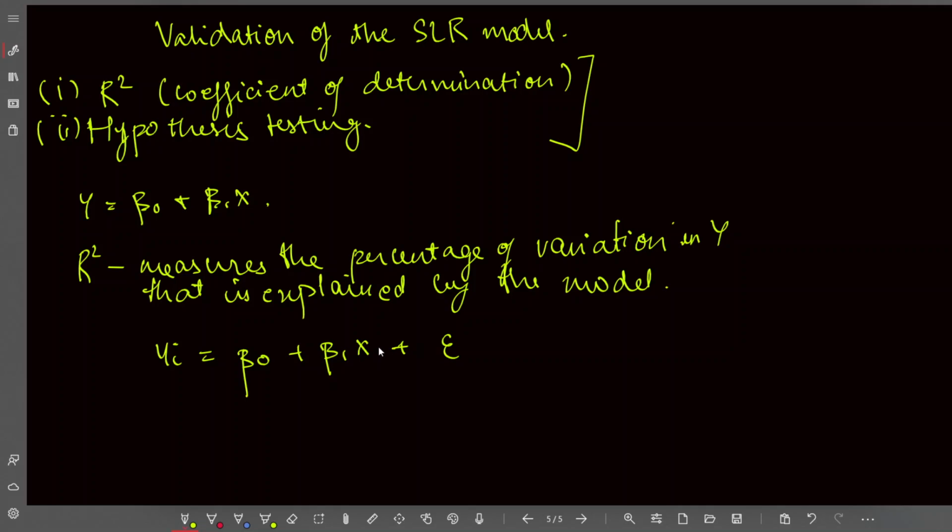So this is the total variation in y. This is the variation explained by the model. And this is the variation that is not explained by the model.